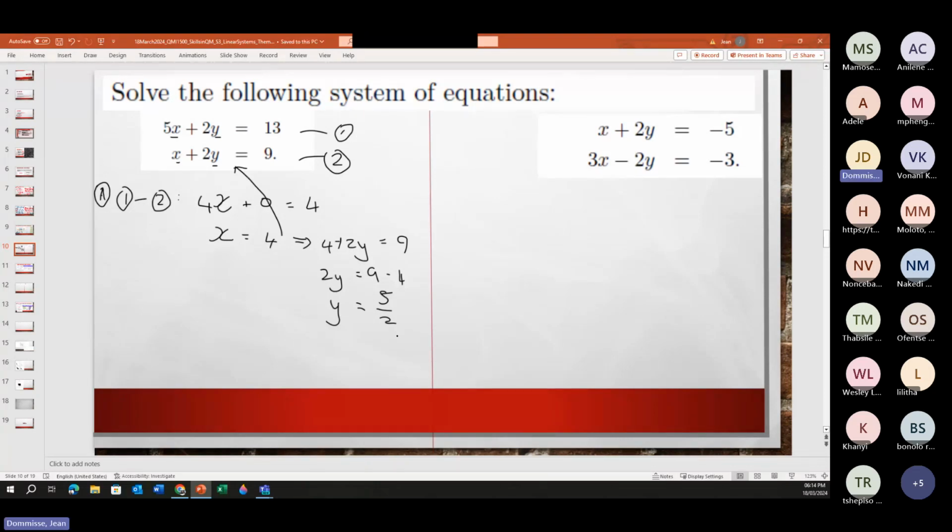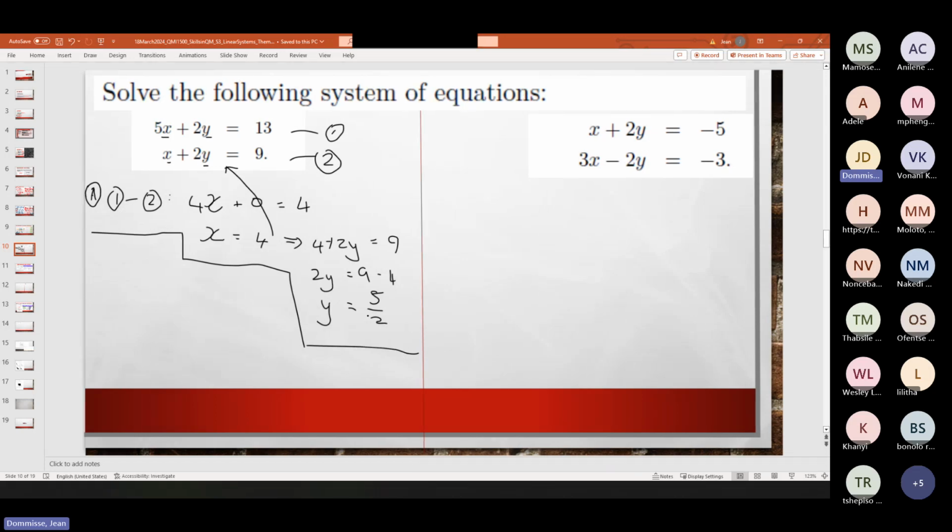Another way could have been to say, and let me quickly do that, let's change the second formula and make x the subject of the formula.